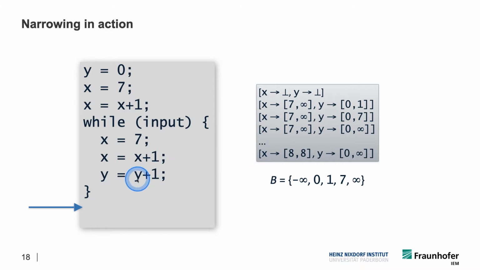Because if you take this as an abstract input and then process this loop one more time, then by processing the loop, you will basically recover the information that x, independently of anything that has been defined for x before, after the iteration is definitely going to have the value 8, right? So that will be the abstract value that you obtain after this one more iteration of the data flow functions.